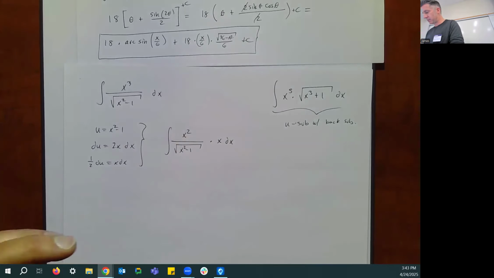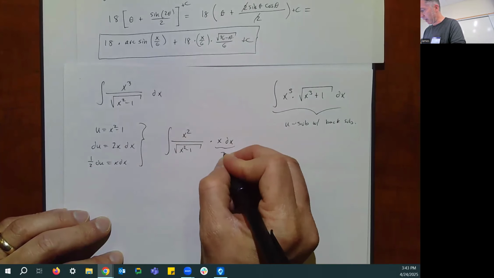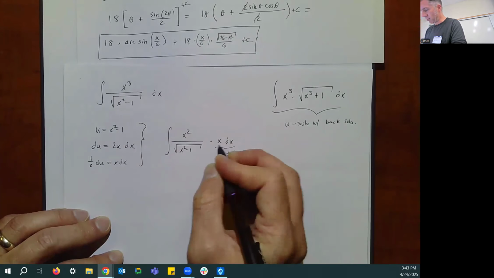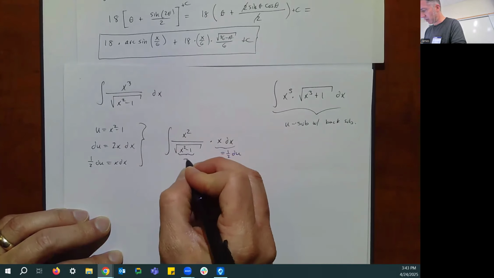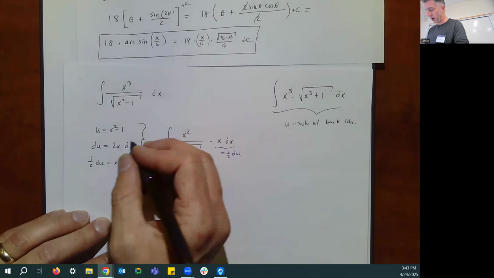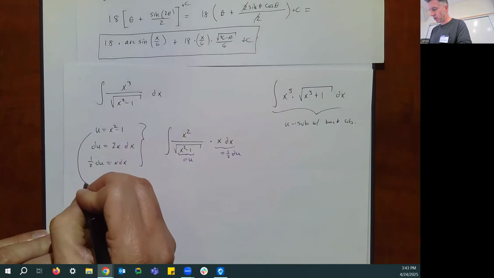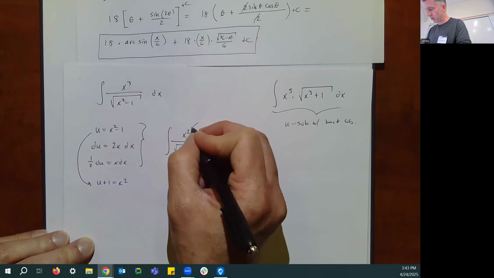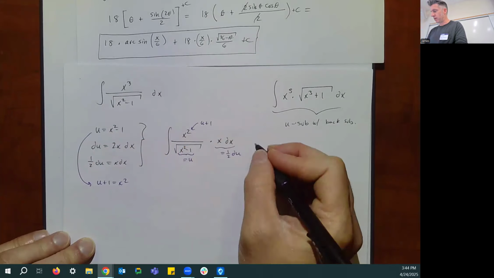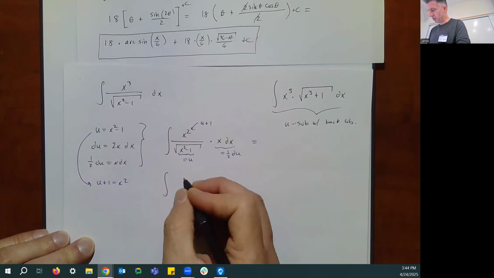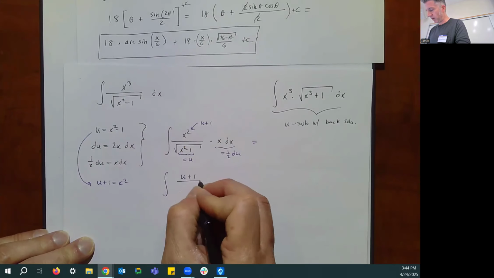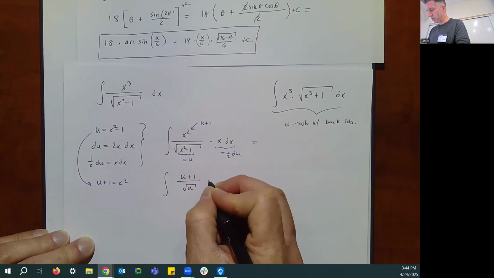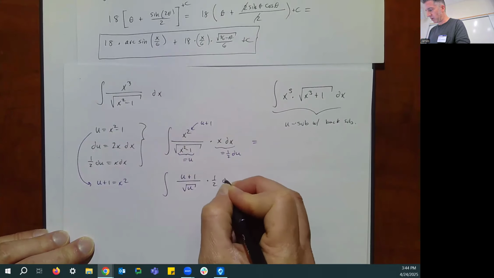My x dx is my 1/2 times du. My x squared minus 1 is my u. And my x squared, well, if u equals x squared minus 1, u plus 1 equals x squared. So that's going to equal u plus 1. So my new integral is u plus 1 divided by the square root of u times 1/2 du.